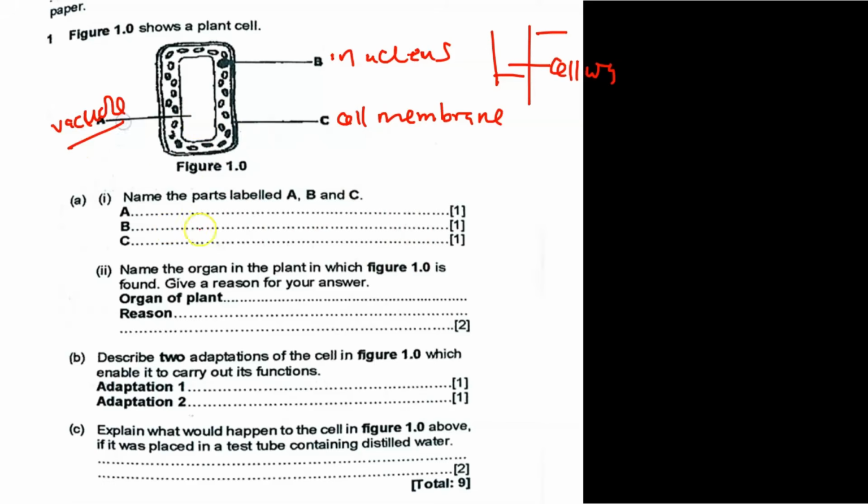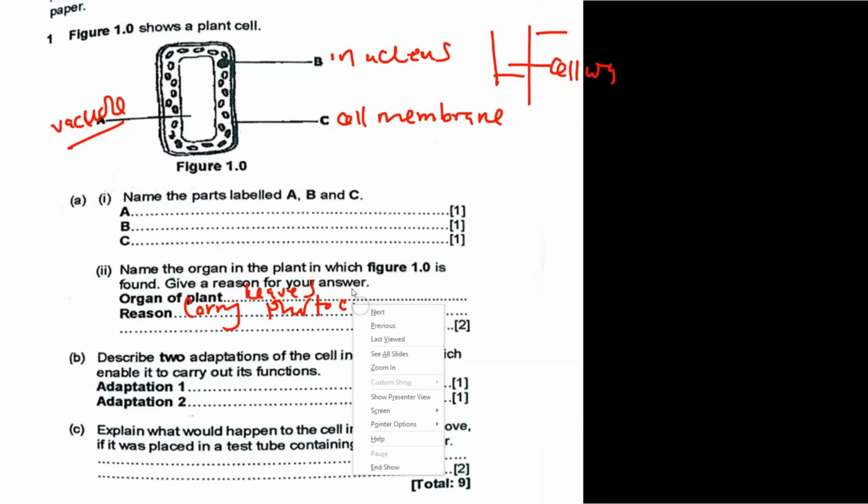A2, name the organ in which figure 1.0 is found and give a reason for your answer. It is found in the leaf. Now what is the reason? It carries out photosynthesis. The palisade cell contains chloroplasts, which help to carry out photosynthesis.